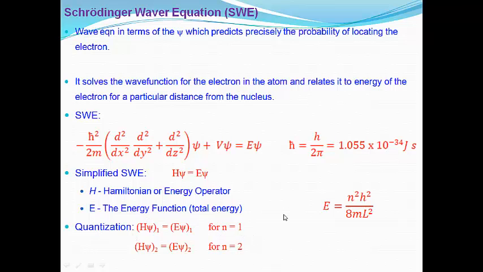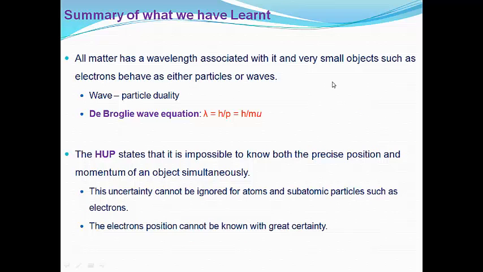This is essentially what the Schrodinger wave equation allows us to do. It is a wave equation in terms of the wave function, which predicts precisely the probability of locating the electron, and it solves the wave function for the electron in the atom and relates it to the energy of the electron for a particular distance from the nucleus.